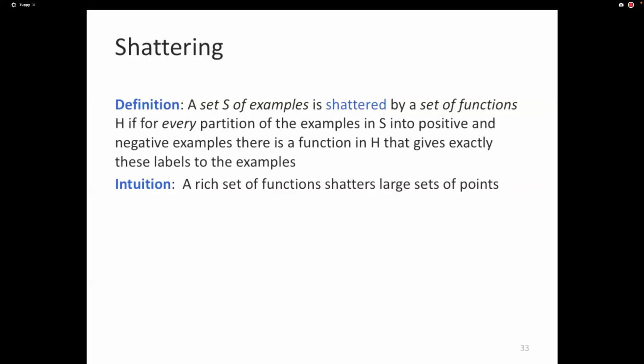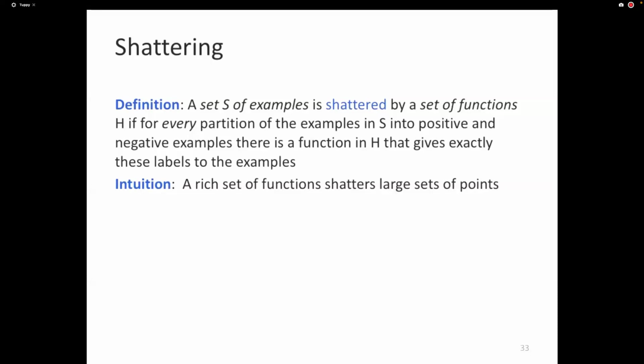We say that the hypothesis space shatters the set of examples if, no matter how you label the examples as positive or negative, there is one function in this hypothesis space that can match that labeling. And we saw some examples of this.